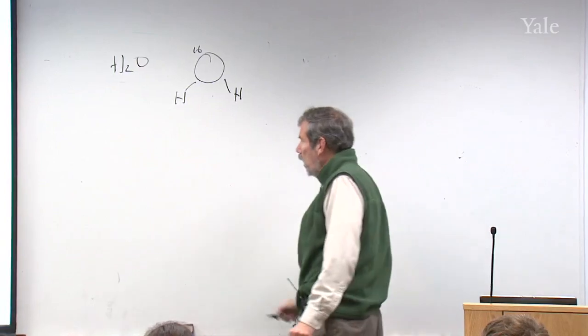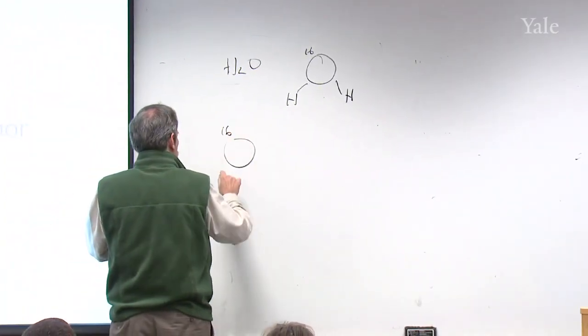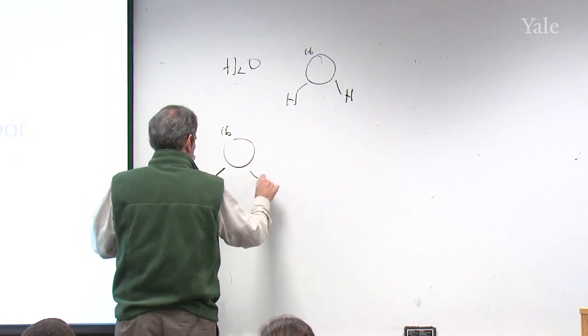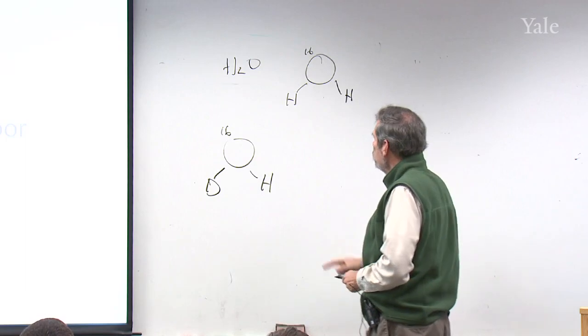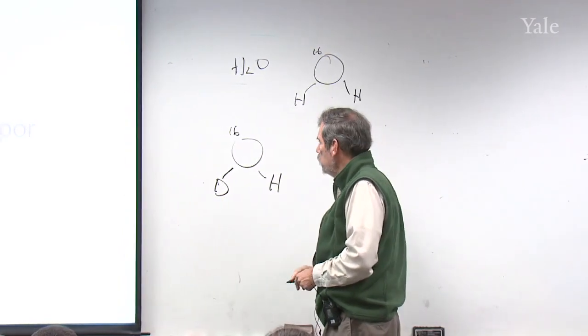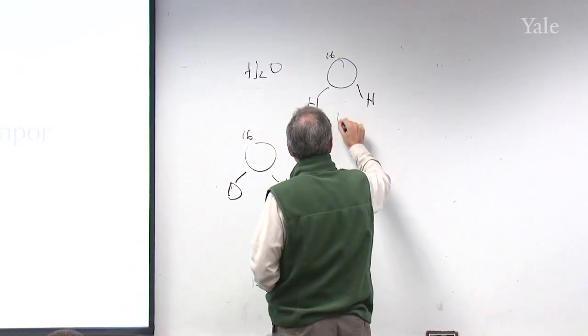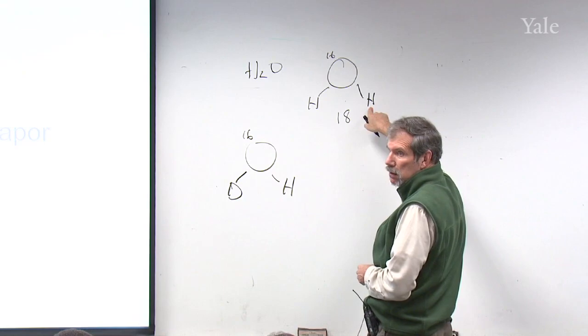But there are going to be some that have this structure, where you replace one of the hydrogens with a deuterium. Notice that this has a mass of 18, right? Because it's 16 plus 1 plus 1.